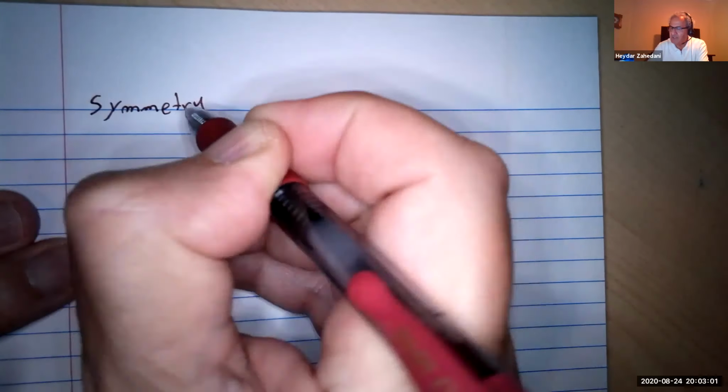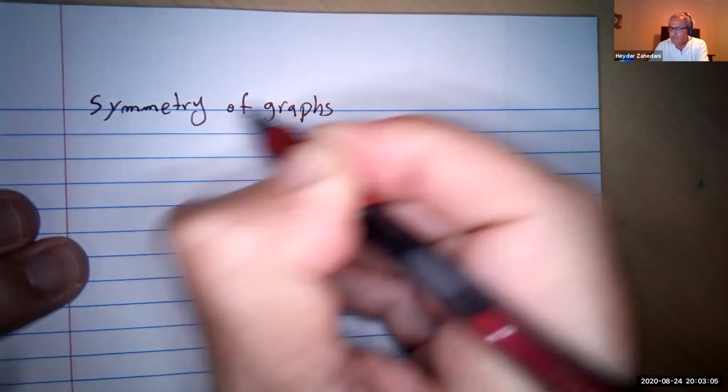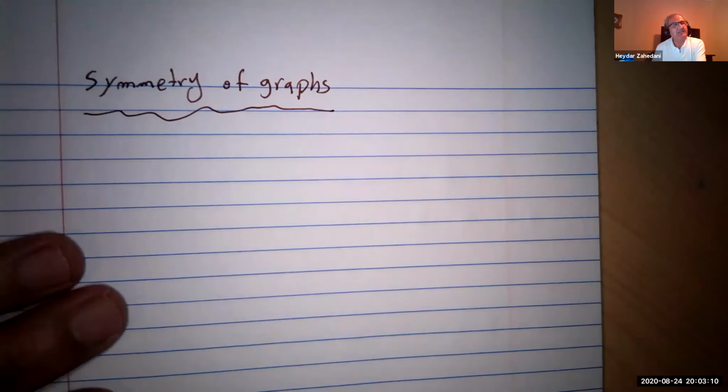So what is going to be symmetry? Symmetry of graphs, if you like, or the symmetric property. And this is it.